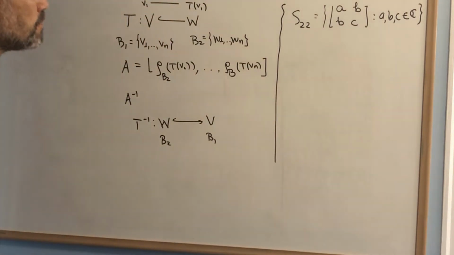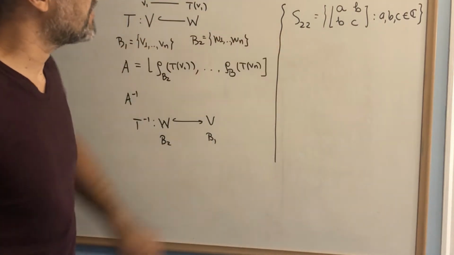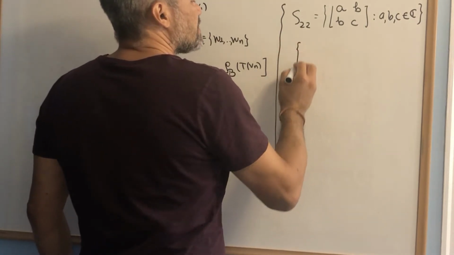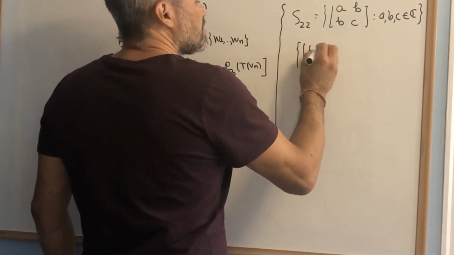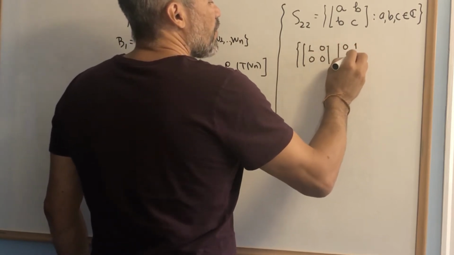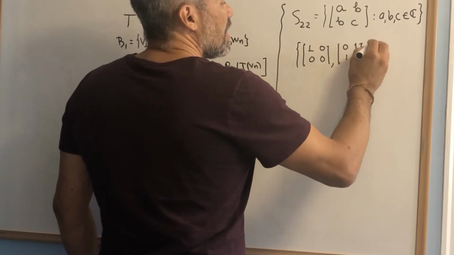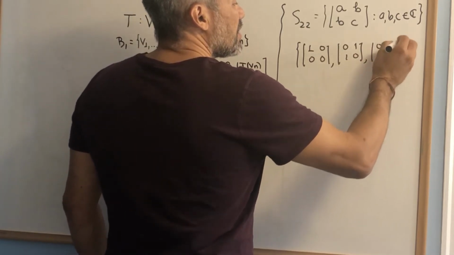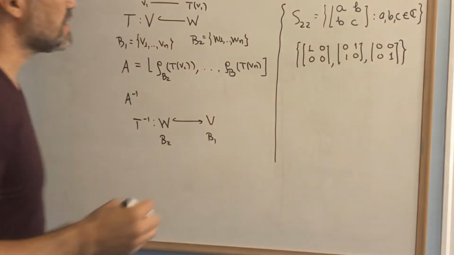Then this is a three-dimensional vector space, and for this vector space we can take the basis (1, 0, 0, 0), (0, 1, 1, 0), and (0, 0, 0, 1). This is a basis for this space.